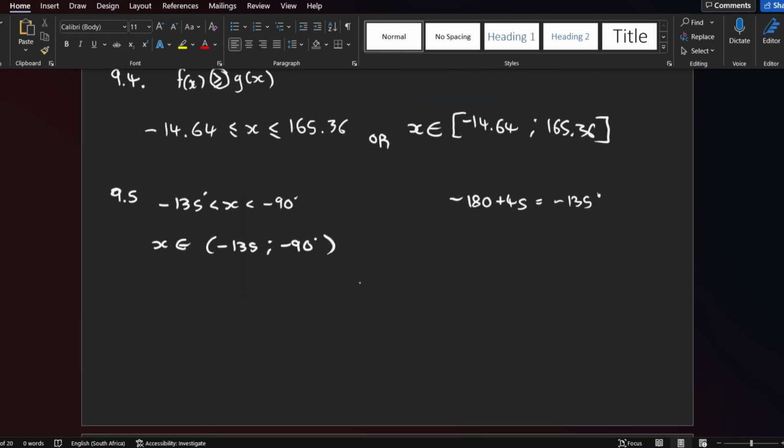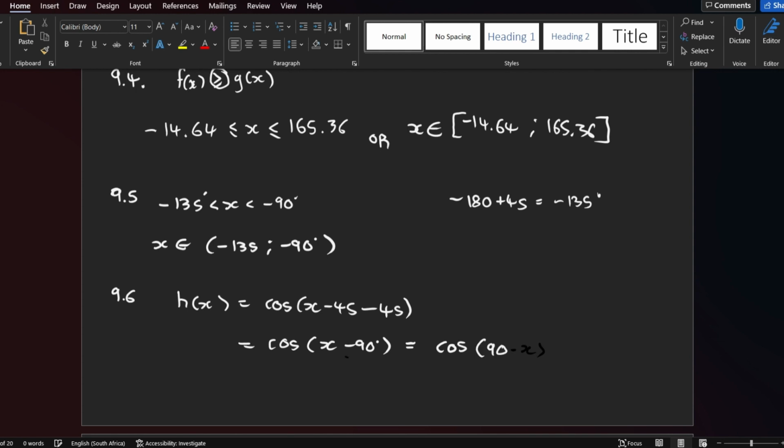So 9.6 tells us that h of x is equal to cos of x minus 45, and then we're shifting it another 45 degrees, so we subtract a further 45, so that is cos of x minus 90. And what we can do is rearrange this to put it in cofunction form. So that will be cos of 90 minus x.